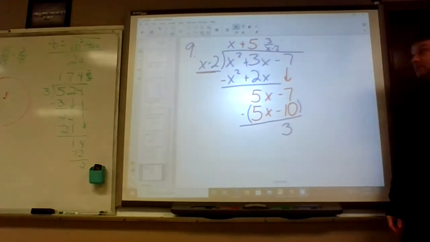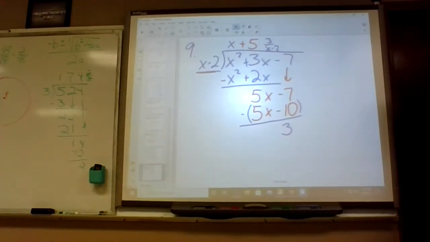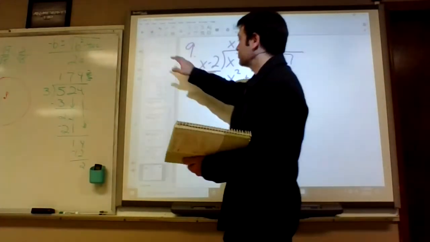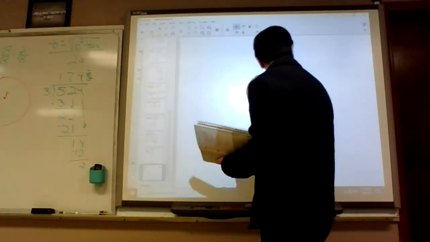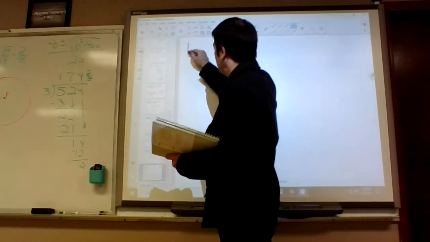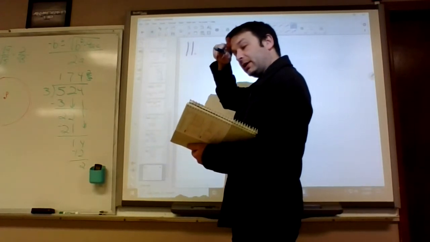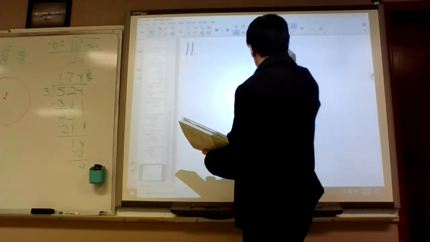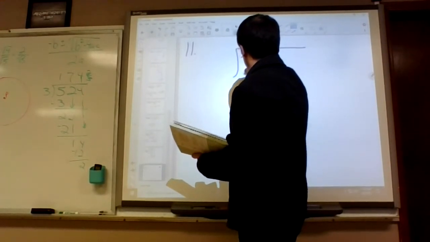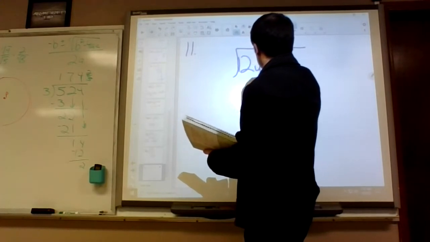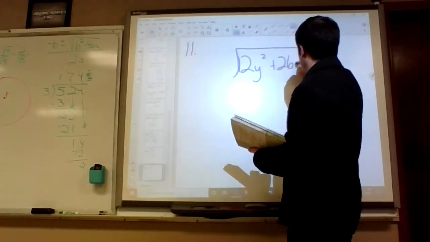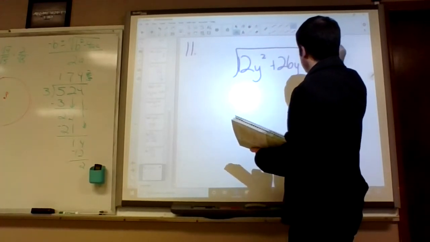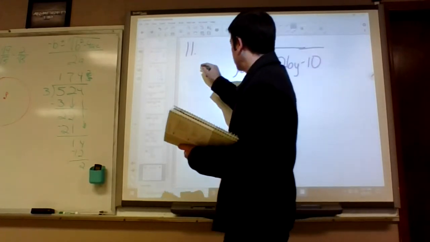Okay, here's how we went. X times what equals x squared? X. Then I multiply x to all of that and put it down below. So x squared minus 2x. Then I subtract the bottom line, all of it, that and that.